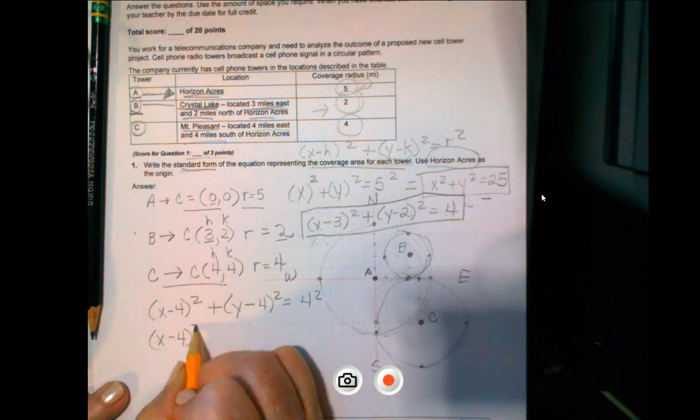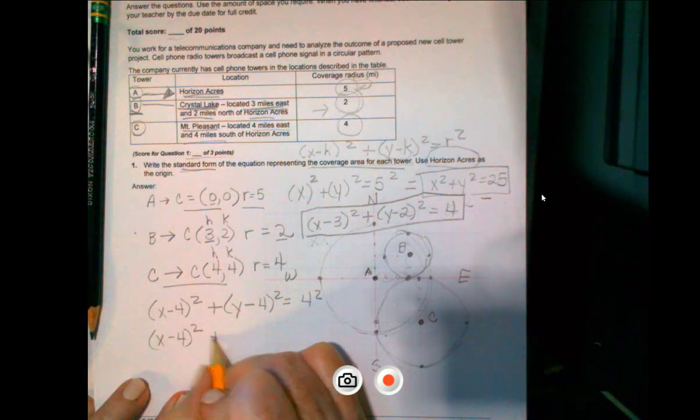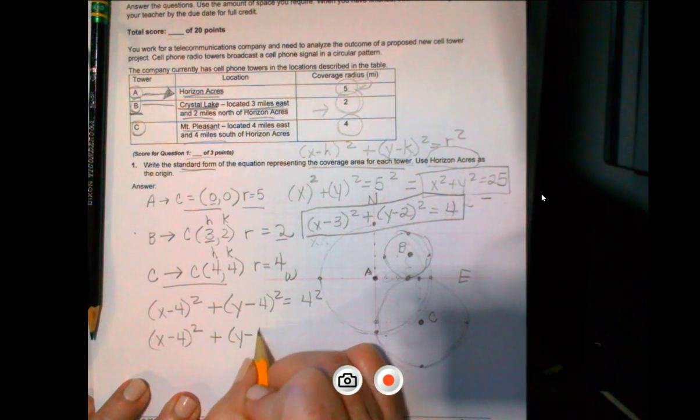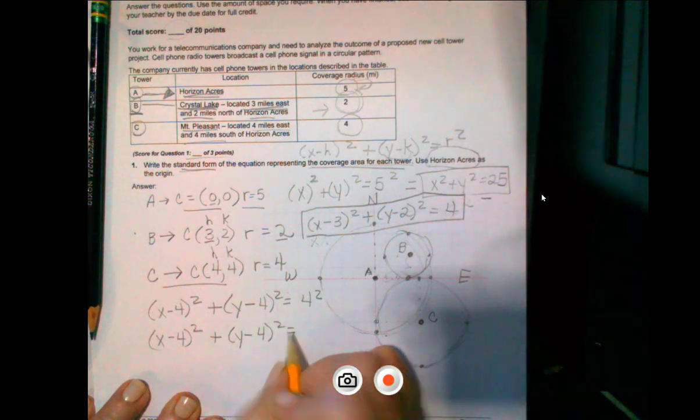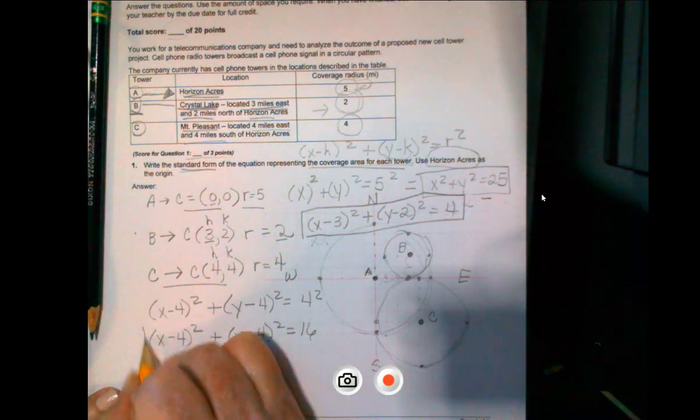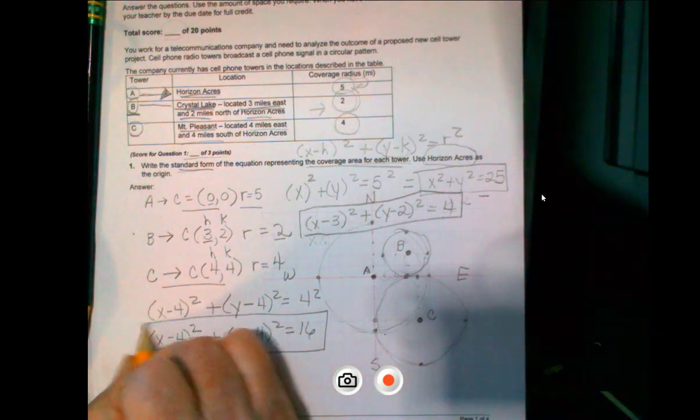We're going to keep this in this form, and we're just going to square the 4. So we have 16 here. So that is the equation. Make sure I have it right in standard form.